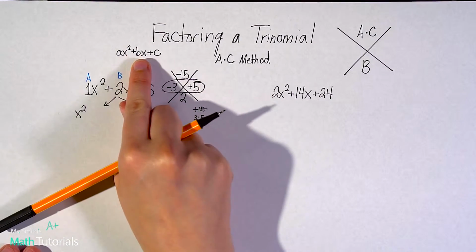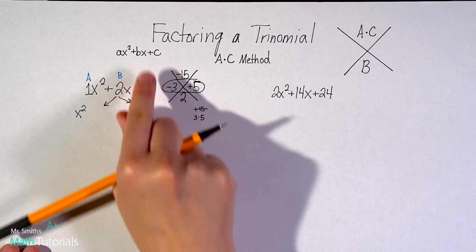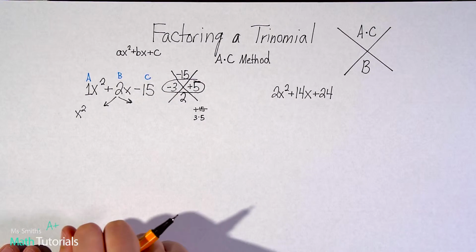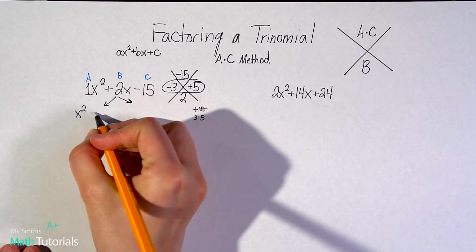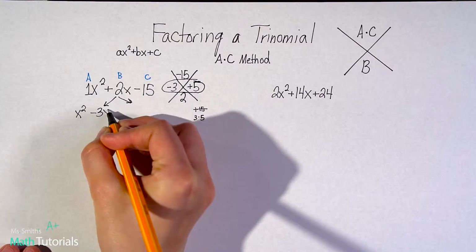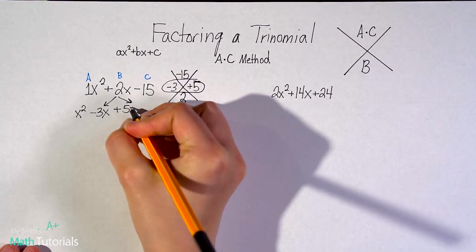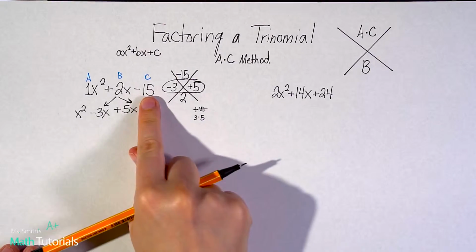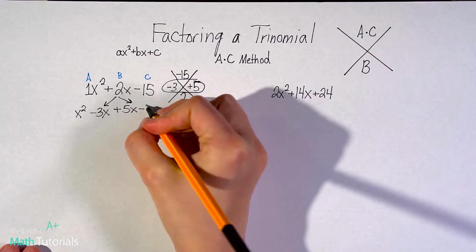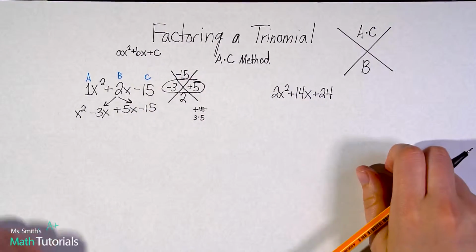Now remember, your B value has a coefficient of x. So both of these will now have a coefficient of x. So let's do this. -3x plus 5x. And my C value stays the same, -15. Do you see what I did there?